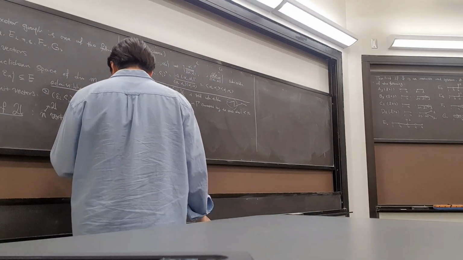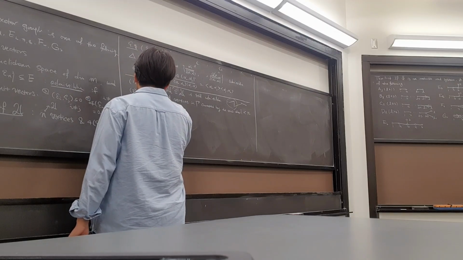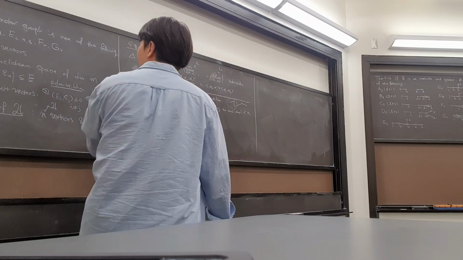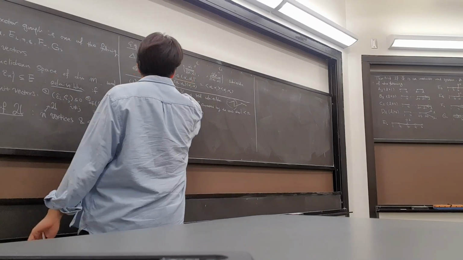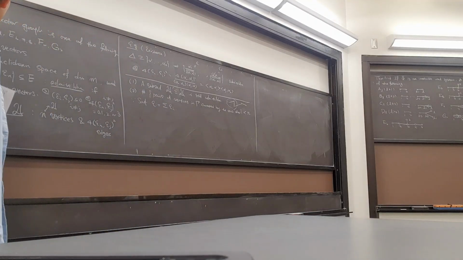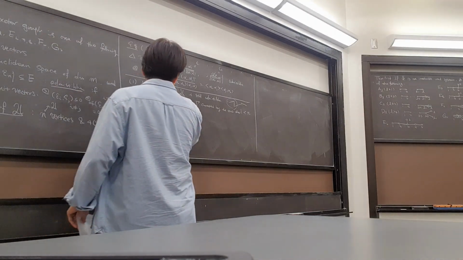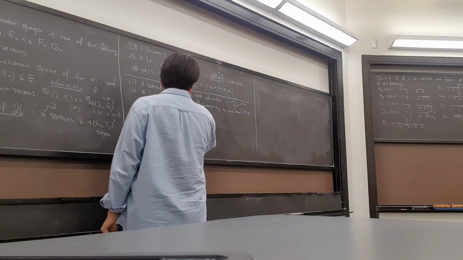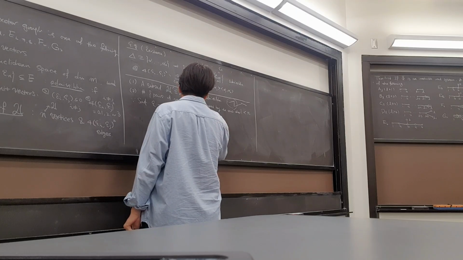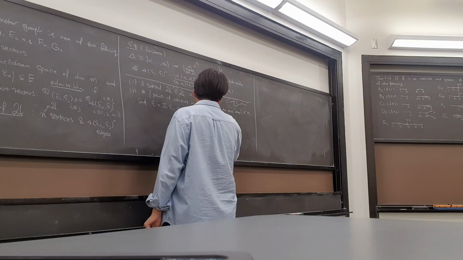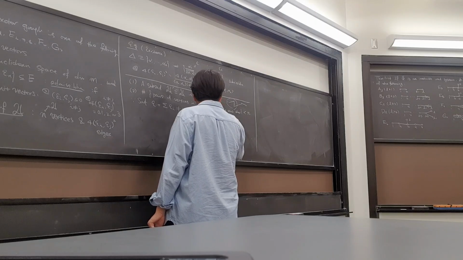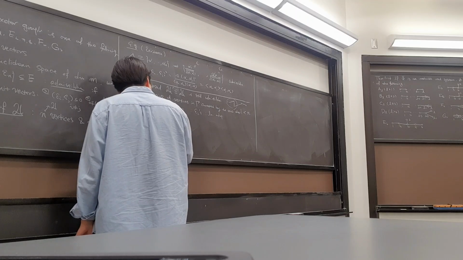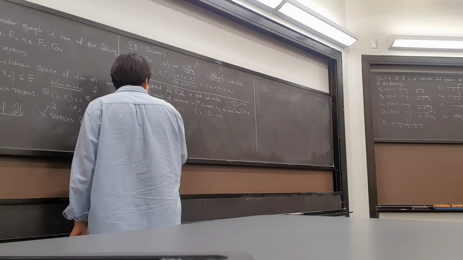This is because we set epsilon as the summation of epsilon i. The set A has elements epsilon 1 to epsilon n, right? So we can take the sum. And then this is non-zero because the epsilon i are linearly independent, right? Non-zero. So because this inner product is positive definite, this is positive, right?